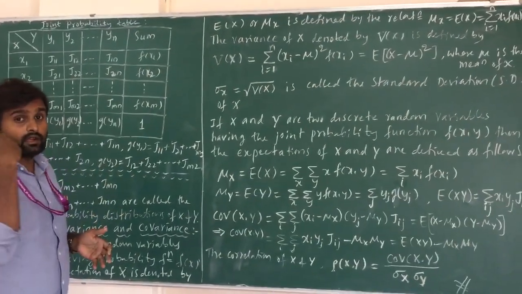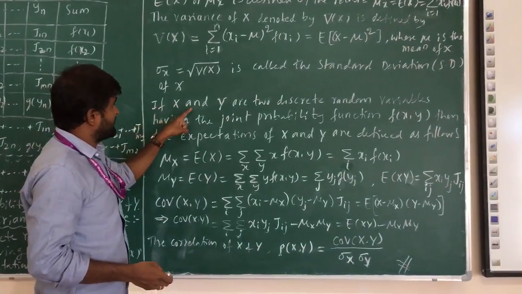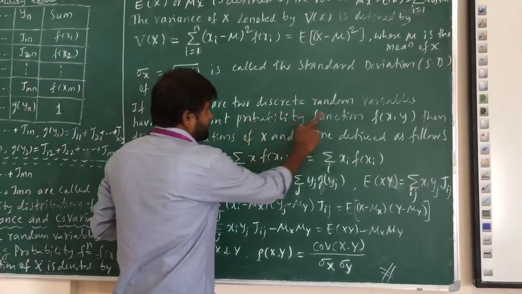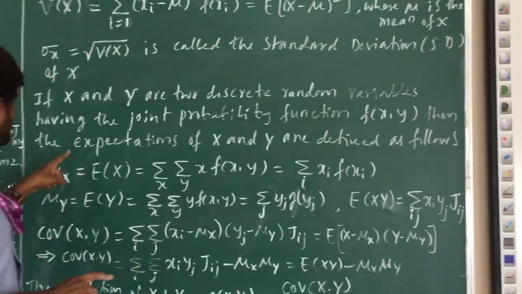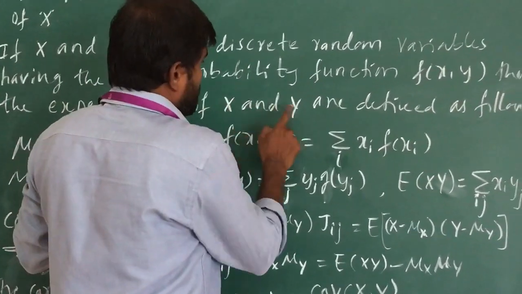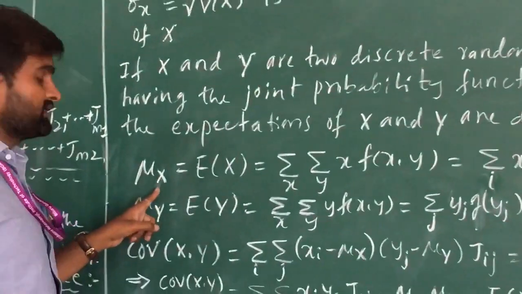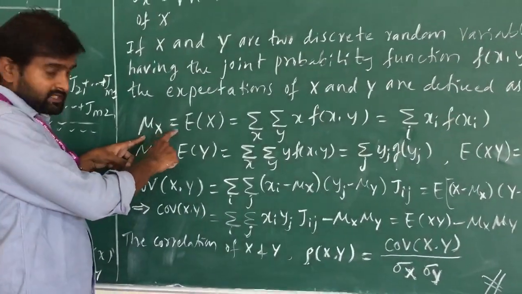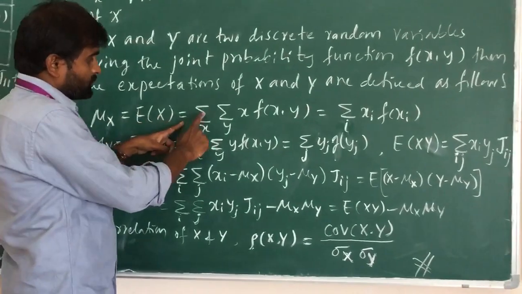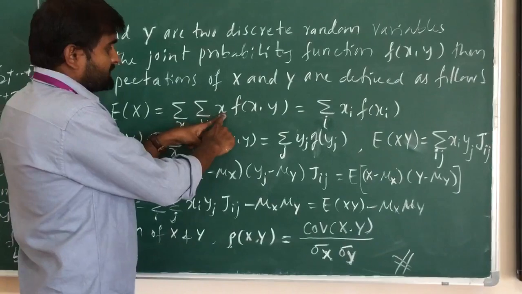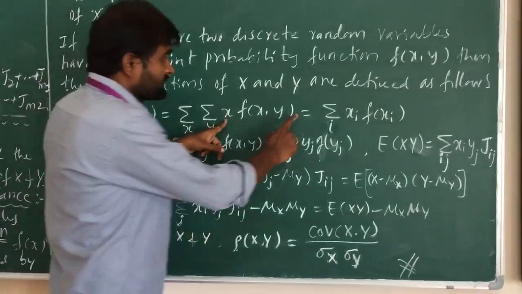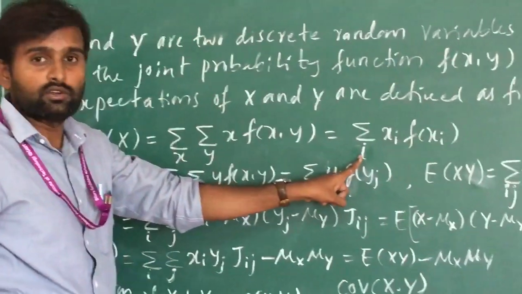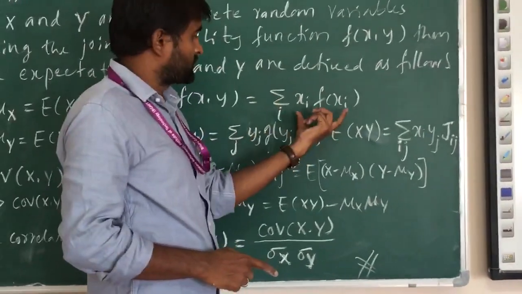If you have two variables, x and y, two discrete random variables having the joint probability function f of x comma y, then the expectations of x and y are defined as follows. mu x equal to expectation of x equal to the sum over x and y of x into f of x comma y, or the summation over i of xi into f of xi.